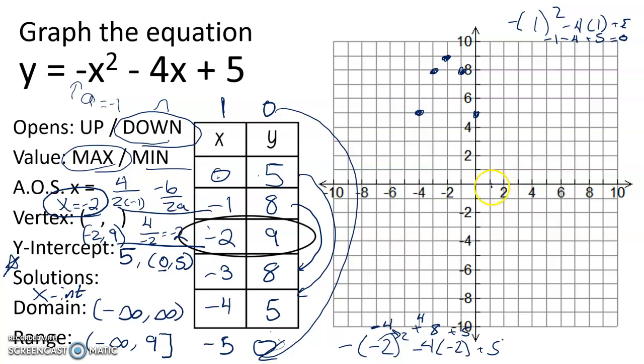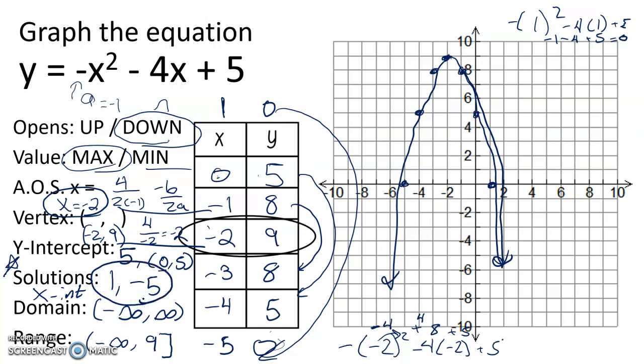So we'll go 1, 0, which is going to be here, -5, 0, which is going to be there. Connect the dots. And not really connected, but that should be right about there, okay? Alrighty, so now I have 0 in my y column twice. My x values attached to them are just going to be 1 and -5. So my solutions are going to be 1, -5, okay?